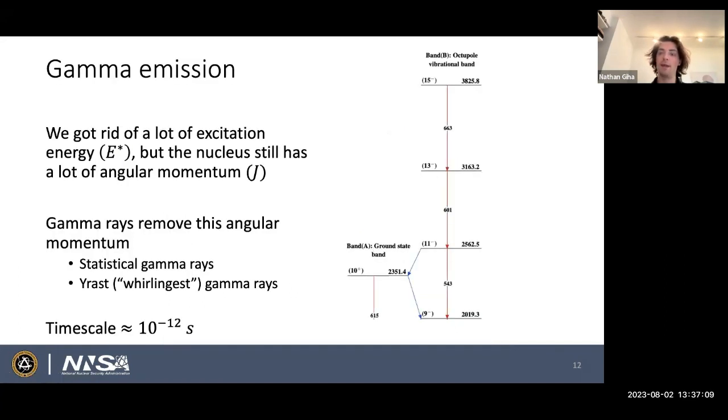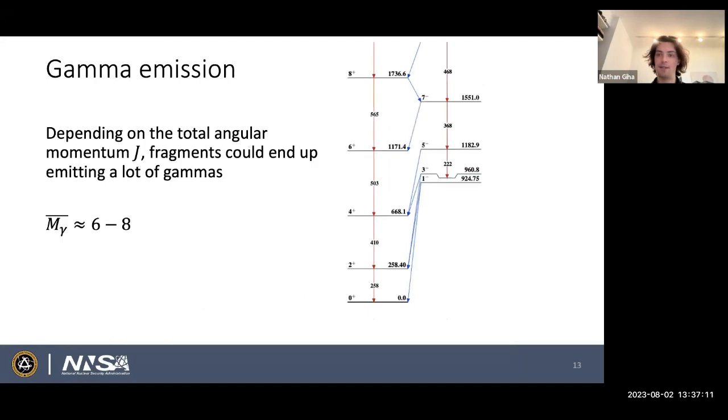The way that we can identify nuclei based on the gamma rays that they emit is just like this. If we see a 258, I think this is actually the cerium-146 level scheme.